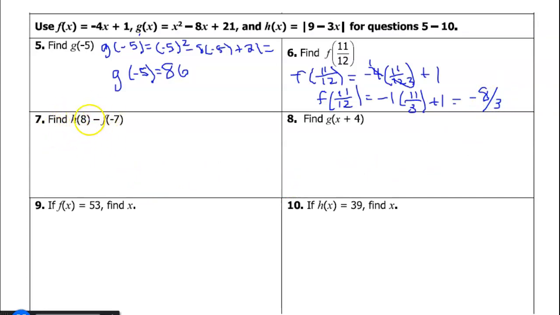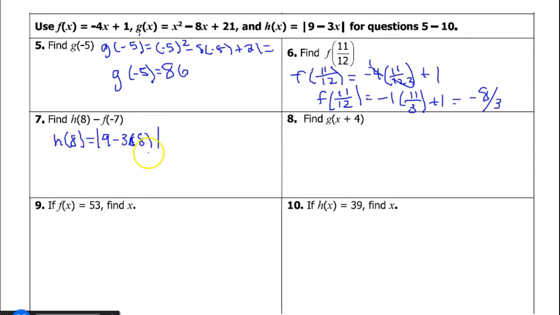Now we're going to take h of 8 and subtract it from f of -7. So the first thing that I'm going to do is evaluate what h of 8 is. So h of 8 is equal to the absolute value of 9 minus 3 times 8.